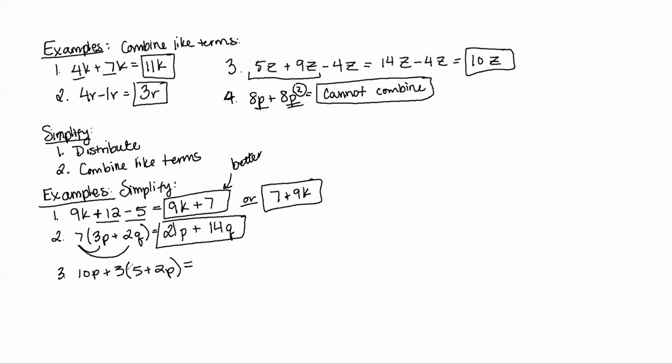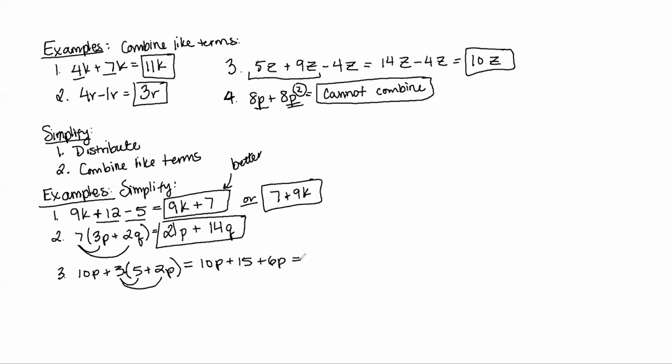But remember that multiplication, which is what we're doing with this 3 here, comes before addition. So before we can add any of these terms in the front, we need to multiply this 3 in. So I'm going to leave this 10p plus in the front, so we haven't used it yet. Think of this just like order of operations. And now 3 times 5 is 15, and 3 times 2p is 6p, so positive 6p.